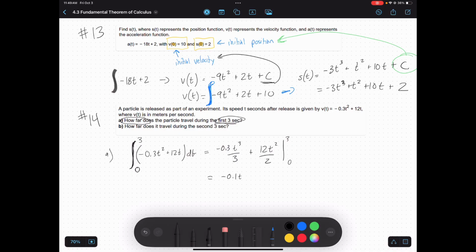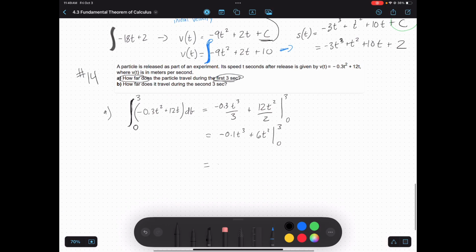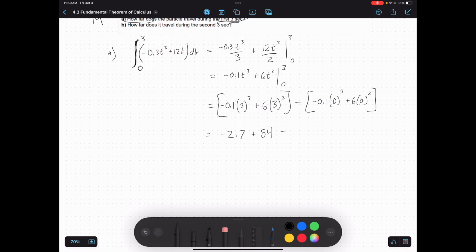I get negative 0.1t cubed plus 6t squared. And now I can go ahead and plug in my bounds. I'm going to start by plugging in the upper bound, and then I'll also plug in the lower bound, and I'll subtract those values. So when I plug in 3, I get negative 2.7 plus 54. What happens when I plug in 0 to this? I just get 0, which is kind of nice. So I'm left with 51.3.